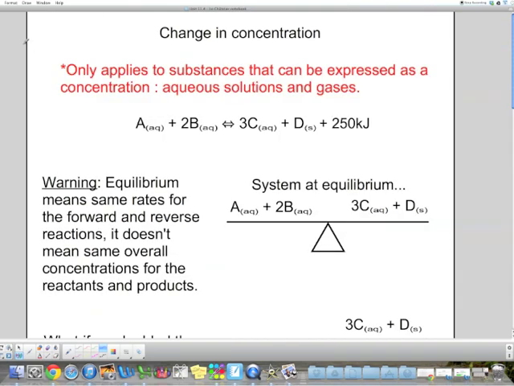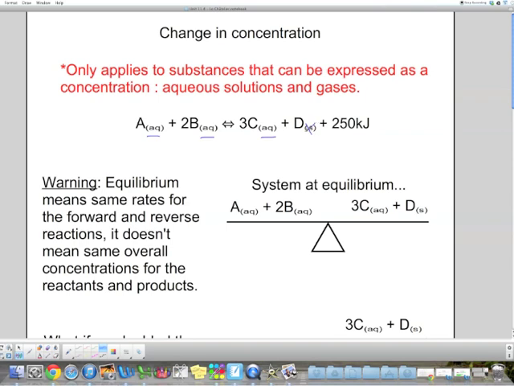The first one is about concentration. Because a concentration implies that you have something dissolved in another substance or that the volume of that substance may change, this only applies to solutions and gases because gases can change volume. So if we look at a reaction, in this case, the only substances we can play with are this one, this one, this one, but not this one.